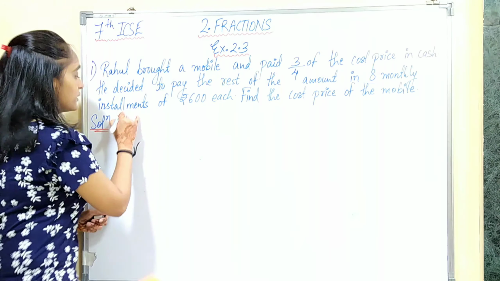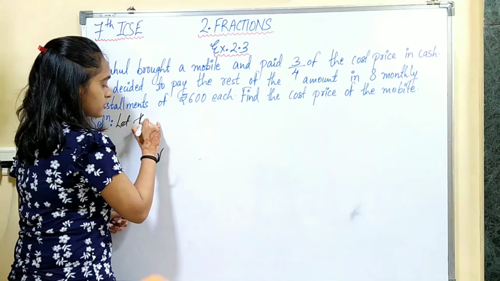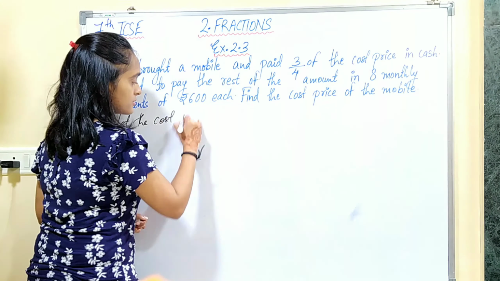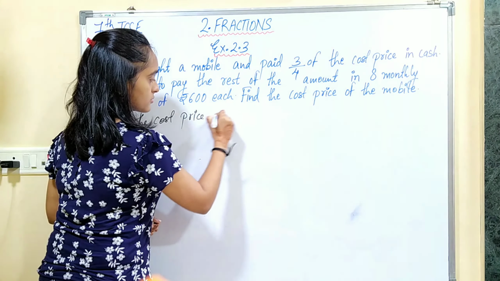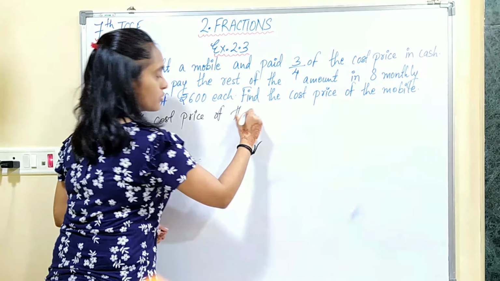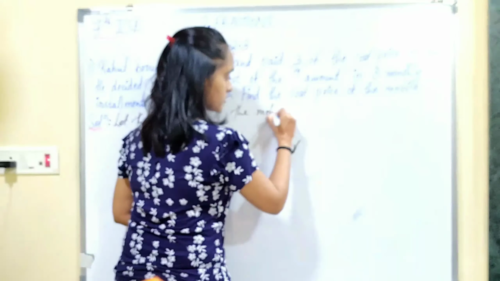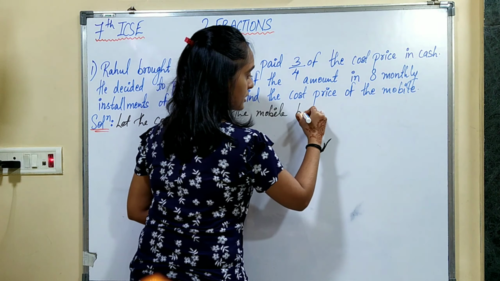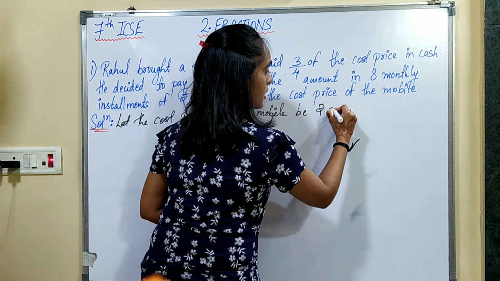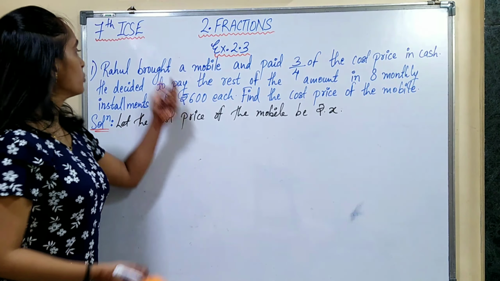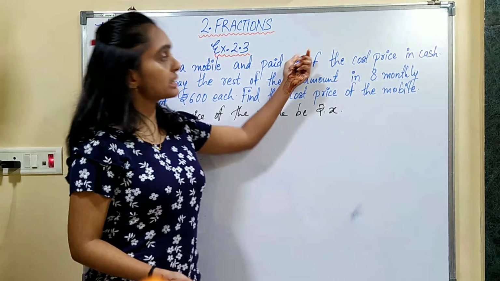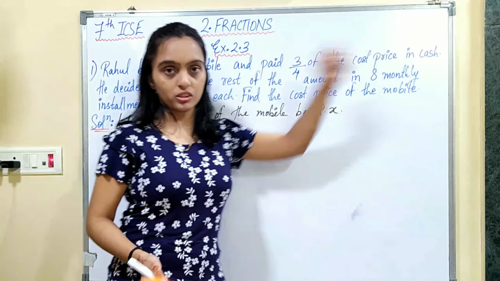Okay. So let the cost price of the mobile be rupees X. So Rahul bought a mobile and paid 3/4 of the cost price in cash.